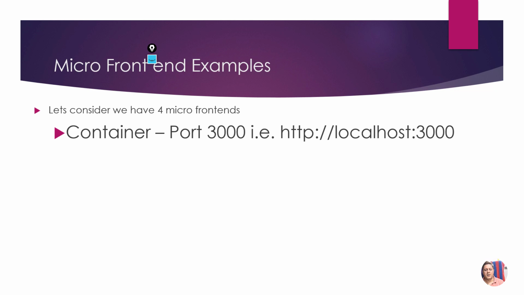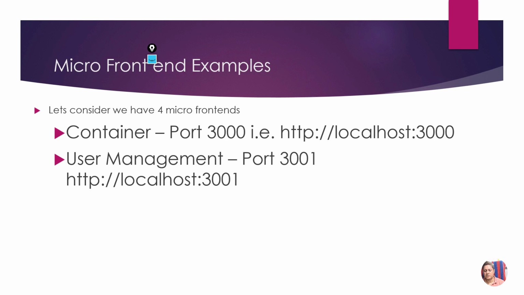Now, I am giving one example of how we can implement it. Let's consider that we have 4 micro frontends, out of which one is a container. That means the host. The host is running on port 3000 on your local system. As I am talking about a React.js application, I will talk in that context mostly. So the URL can be localhost colon 3000.